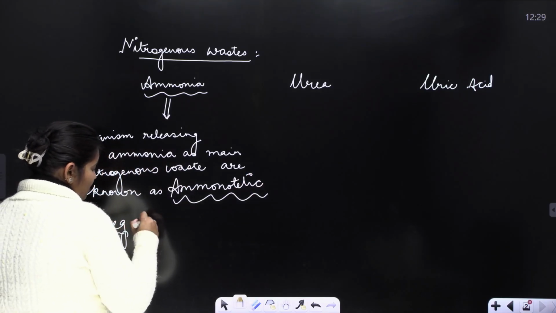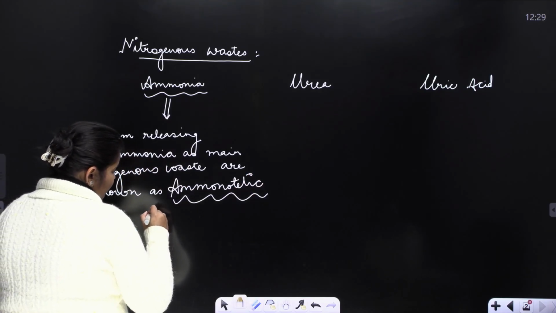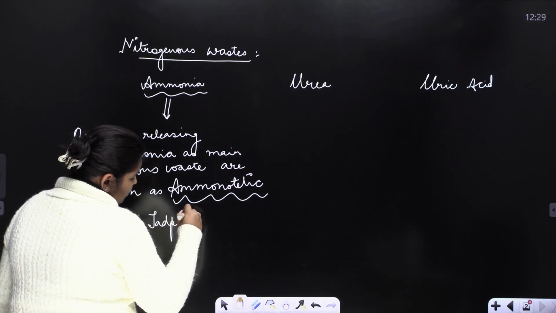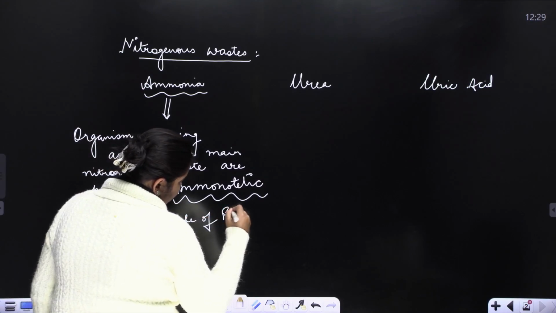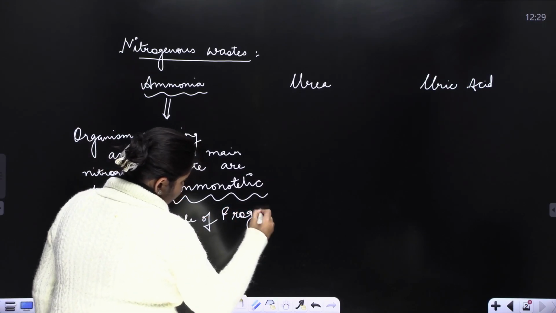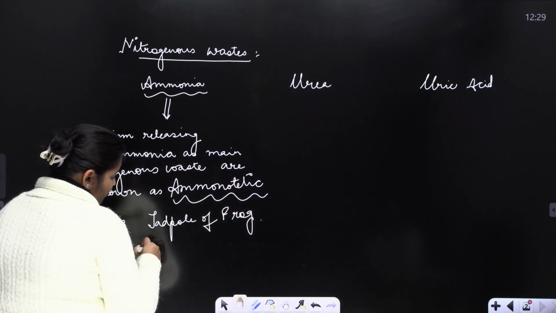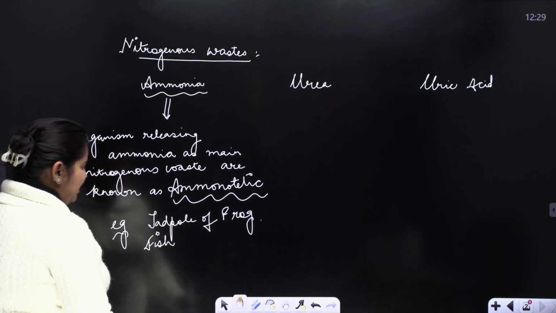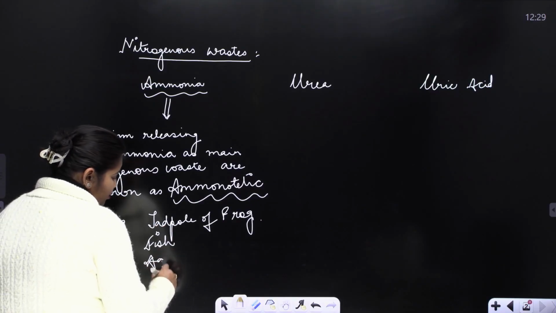Example, the tadpole of frog, fish, or the aquatic invertebrates you can include.